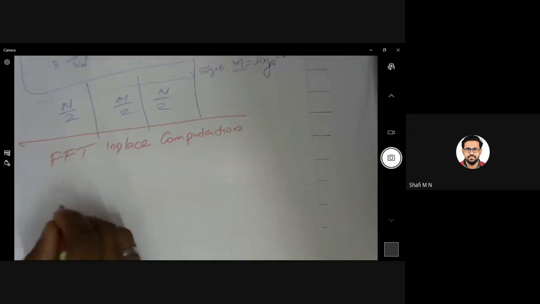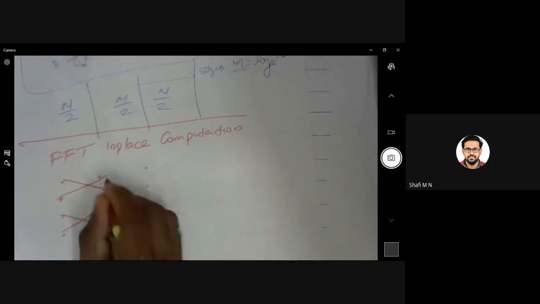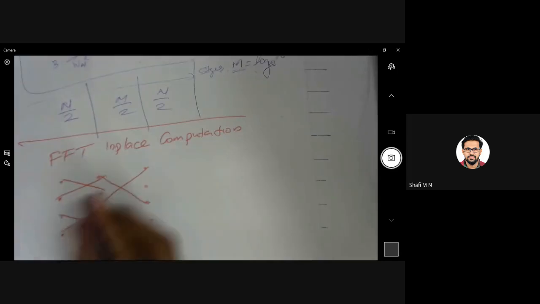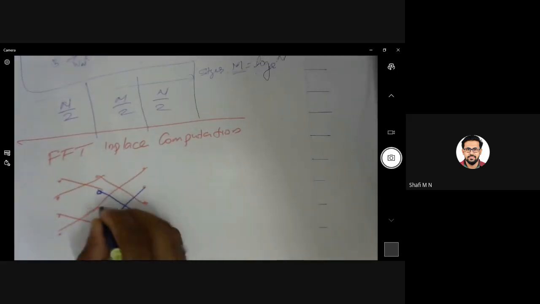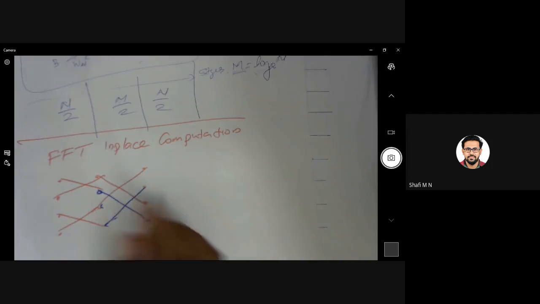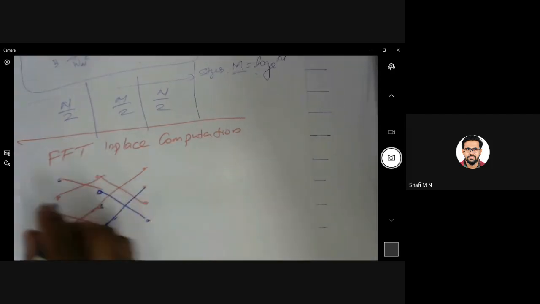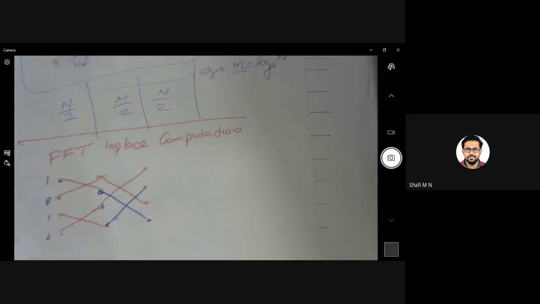So consider, say, a 4-point DIT FFT. Okay, so the butterfly will look like this. So this is how the butterfly looks. This is referred to as in-place computation because for the first stage, say you have your input 1 0 1 0, which will be saved in some memory locations.